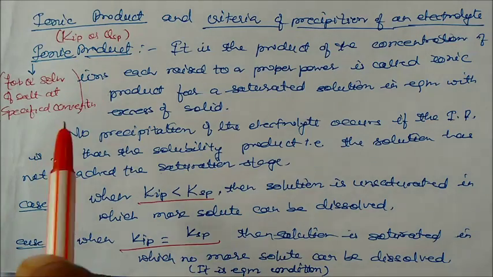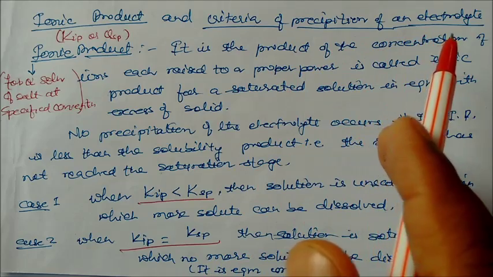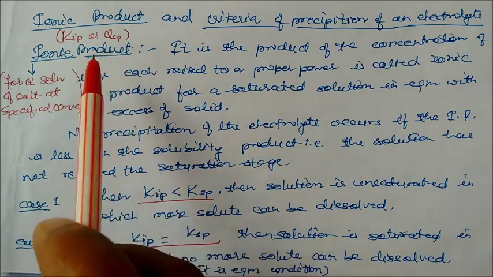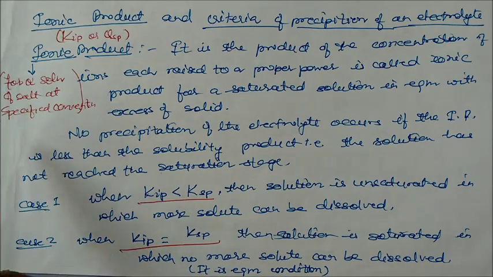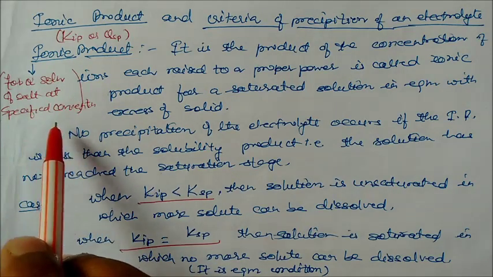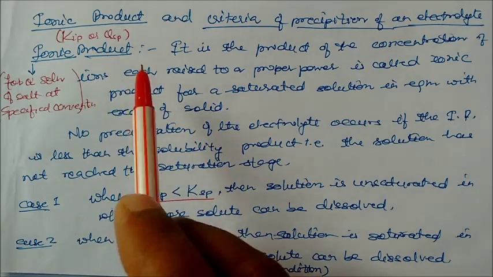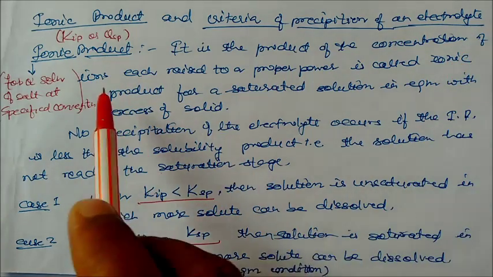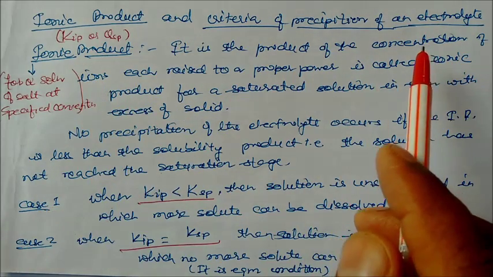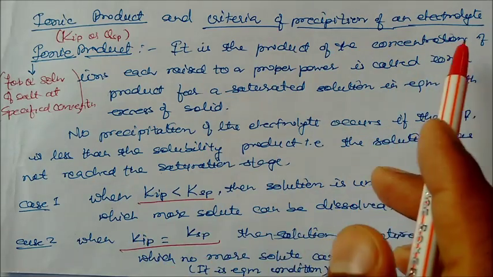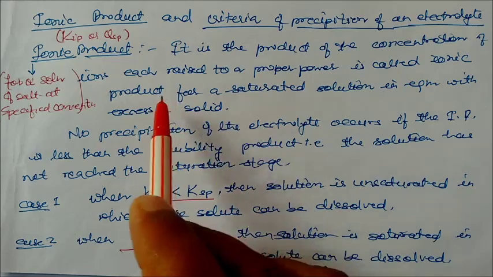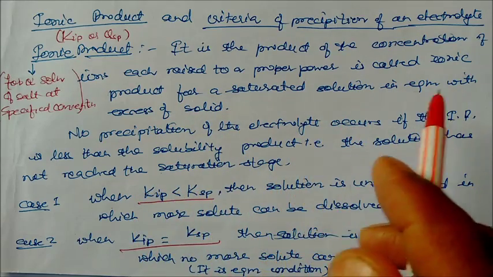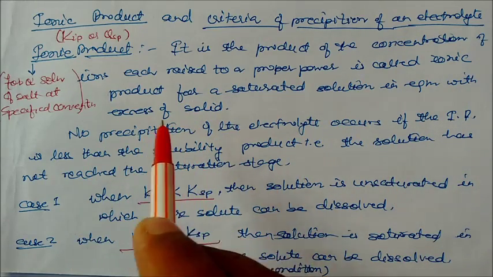Now come to ionic product and the criteria for the precipitation of an electrolyte, that is the KIP or QSP. Ionic product is called KIP or QSP. What is the ionic product? For a solution of a salt at a specified concentration, it is the product of the concentrations of the ions, each ion raised to a proper power, in a saturated solution in equilibrium with excess solid.